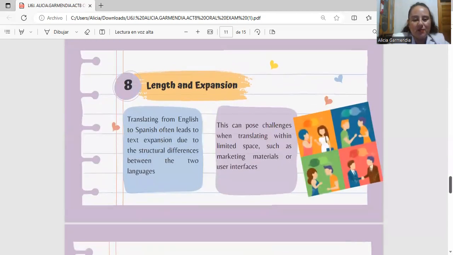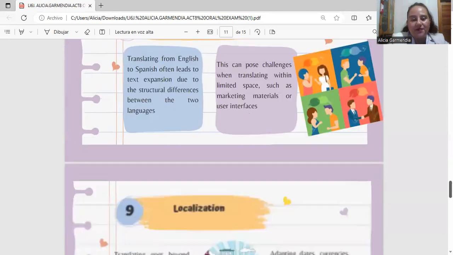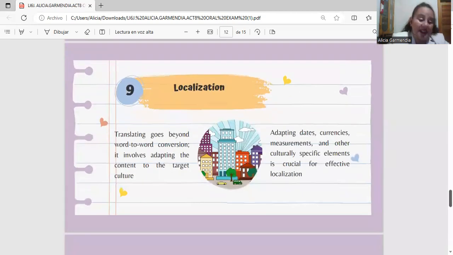Length and expansion. Translating from English to Spanish often leads to text expansion due to the structural differences between the two languages. This can cause problems when translating within limited space, such as marketing materials or user interfaces. Localization.